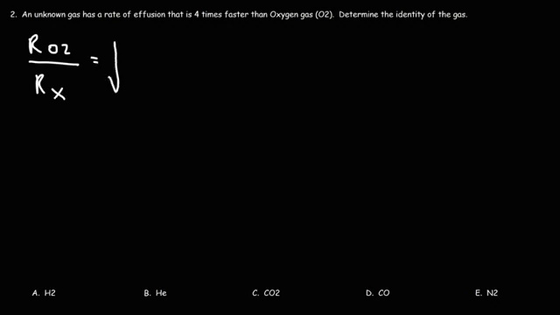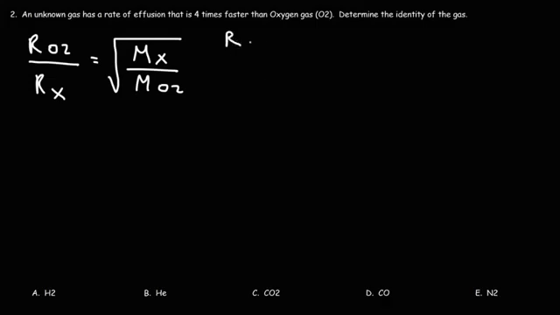And that's going to equal the square root of the molar mass of gas X divided by the molar mass of O2. So make sure that these subscripts match. And these subscripts, they should match as well. Now, this unknown gas has a rate of diffusion that is 4 times faster than oxygen.